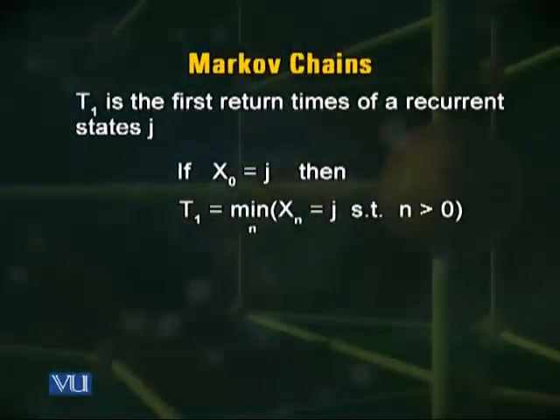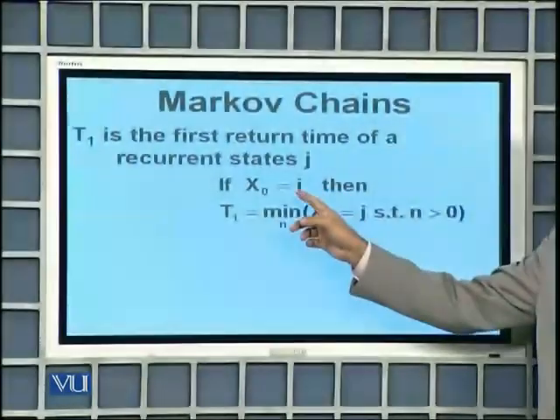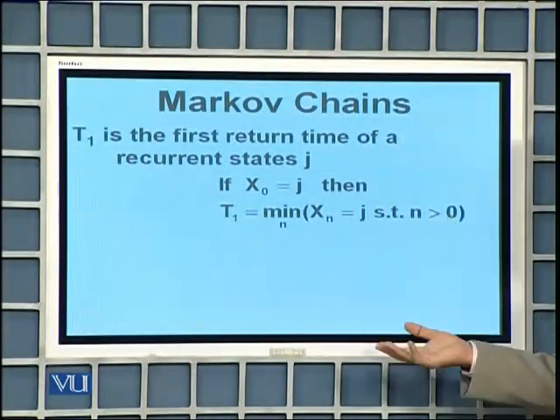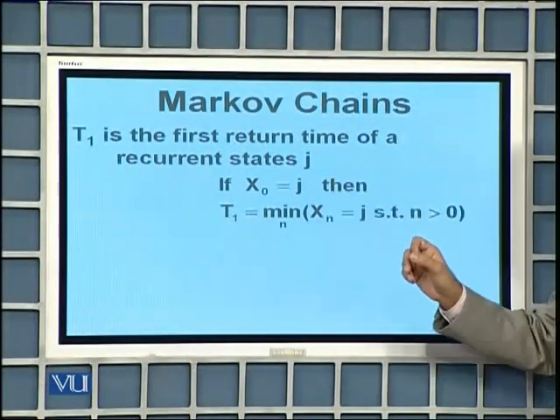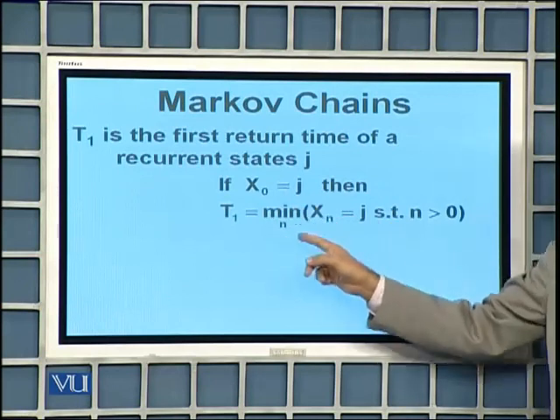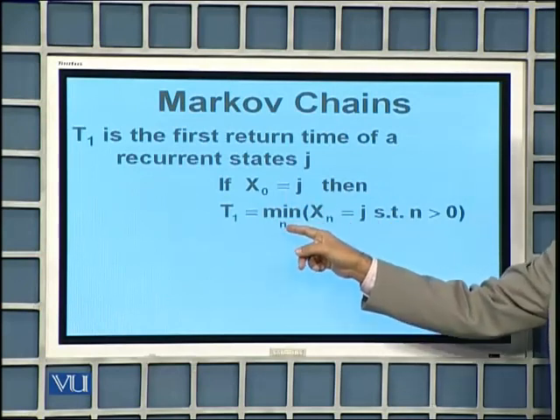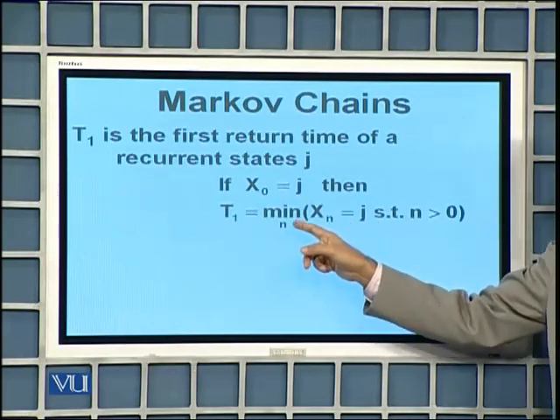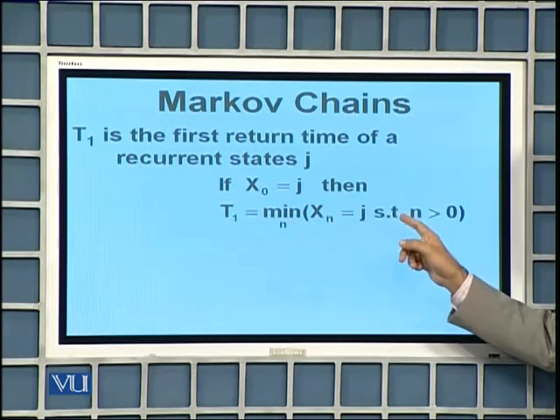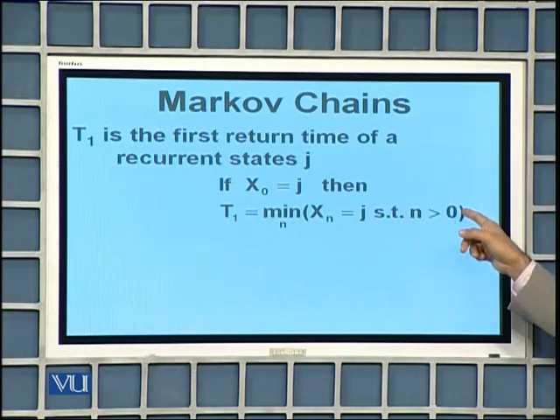So if we know that we are in state j at sampling instance 0, then the first return time is the next time that this state is going to be visited. If it's a recurrent state, it's going to be visited again and again, but we will take the minimum of such sampling instances, the minimum over n such that X_n is again j, but n is greater than 0.